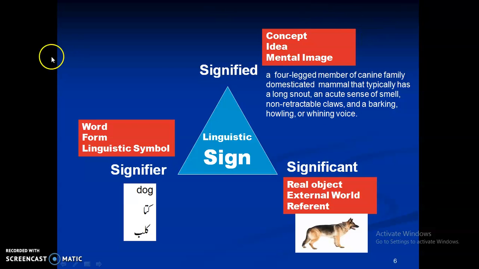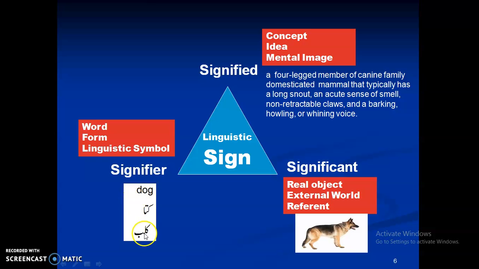Now this mental image is represented by language, and we use such terms as dog, kutta, kalb. This is known as word or form or linguistic symbol. Whatever exists in our mind is now represented by these forms or symbols, known as linguistic symbols.